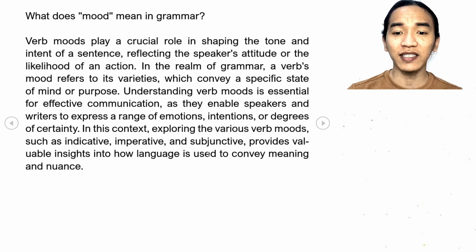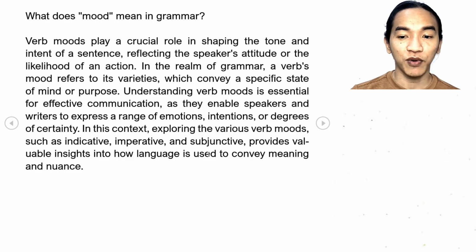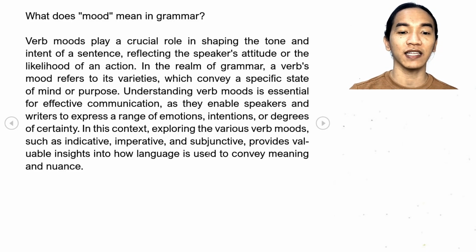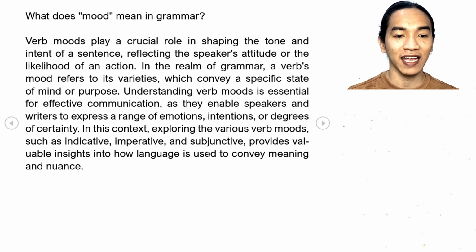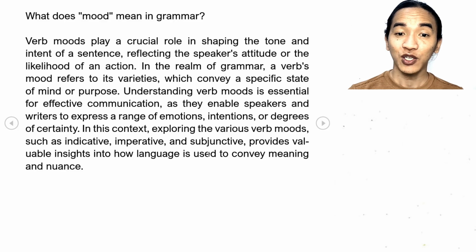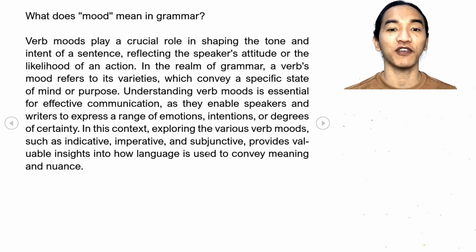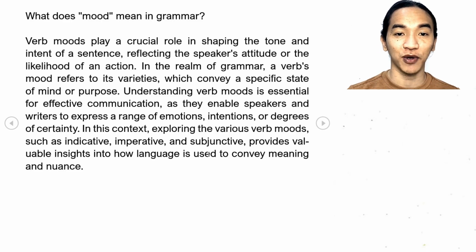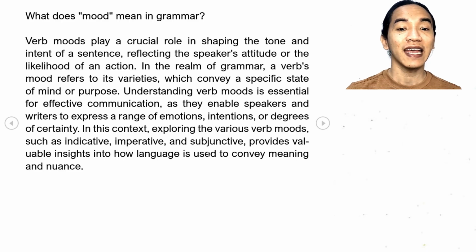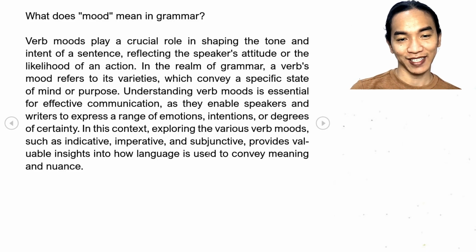So, in this context, exploring the various verb moods such as indicative, imperative, and subjunctive provides valuable insights into how language is used to convey meaning and nuance. Okay? So that's why it's very important for us to understand the mood of verbs just because they express a variety of emotions, intentions, or even degree of certainty.